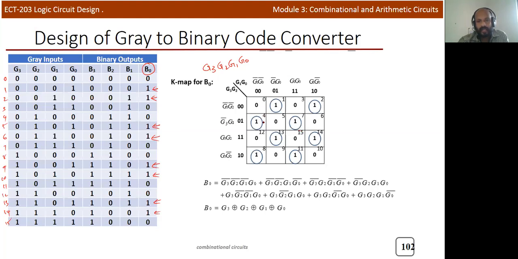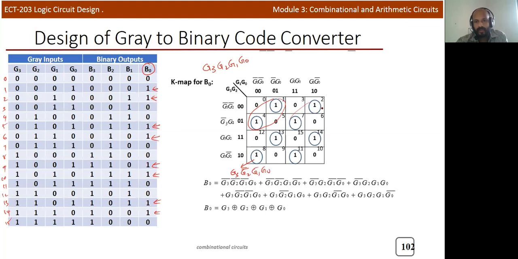And once you get the diagonal ones, we know that it's actually a trick. We cannot group like this, but when you get the diagonal term, we know that it's an XOR operation. Okay. Or you can directly simplify this. First write the B0 for each term. So if you write the B0 for this particular group, it will be G3, G2 bar, G1 bar, G0.